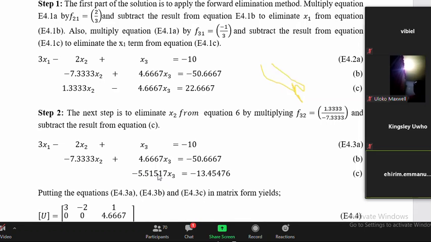Minus 5.51517 x3 equals minus 13.4547. So this is an upper triangular matrix now. Watch. You have minus 10, minus 50, minus 22.